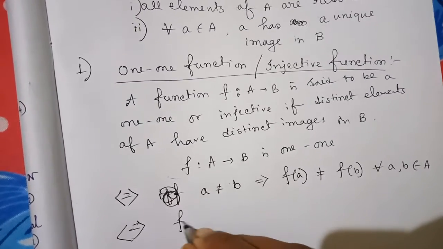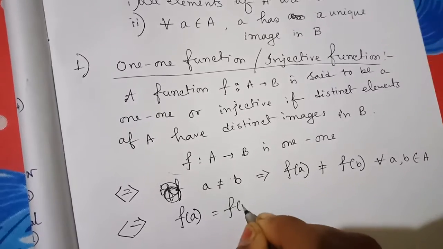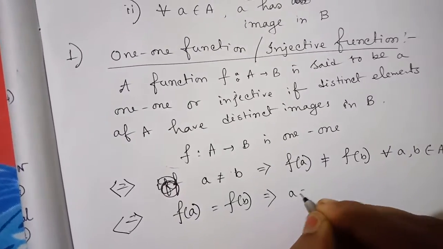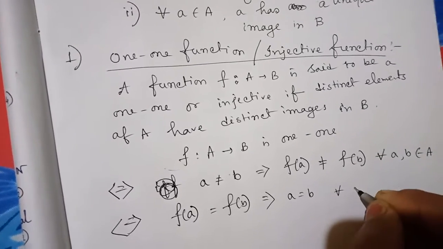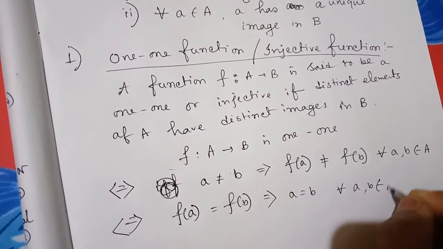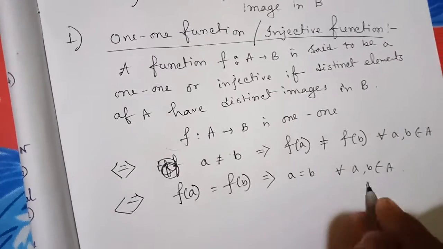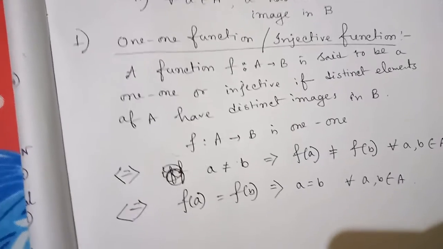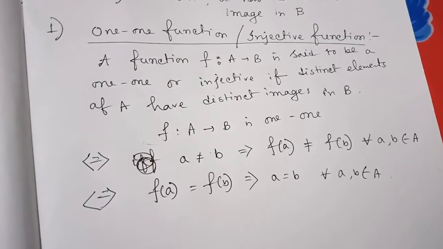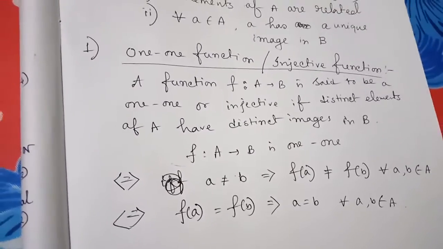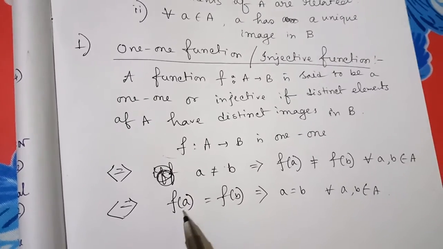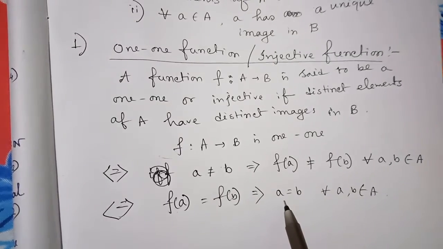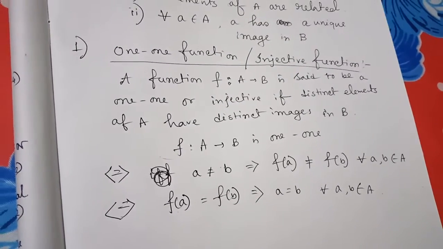Or if their images are the same, the elements must be the same. This also can be written. So any one of these two you can write as its mathematical expression. This one says that if the images are the same, then the elements must be equal.